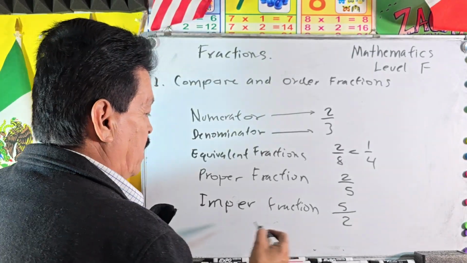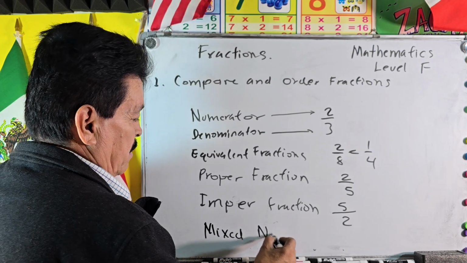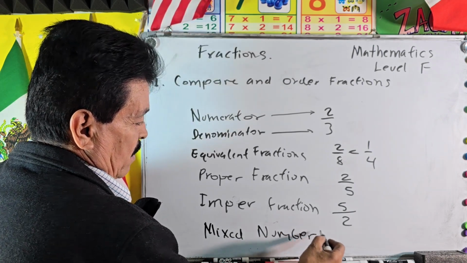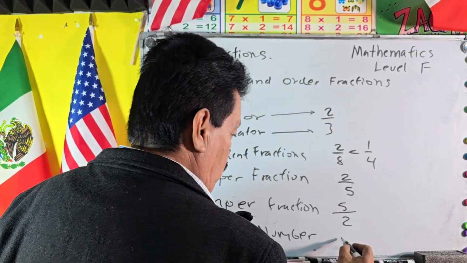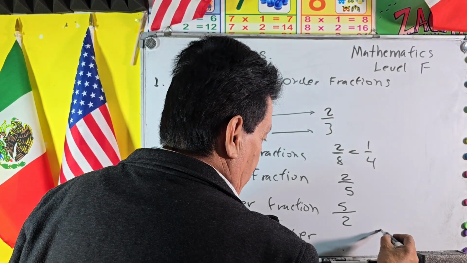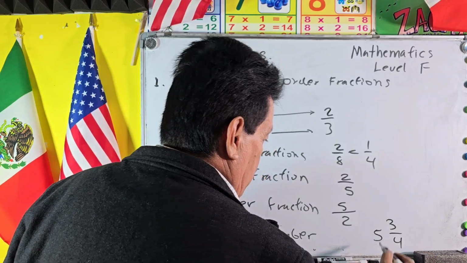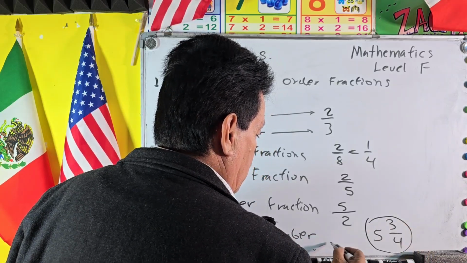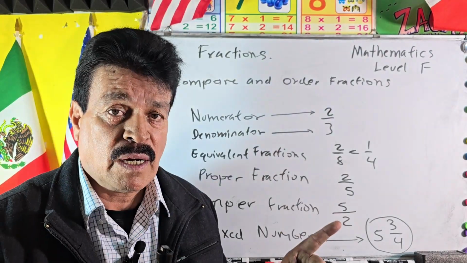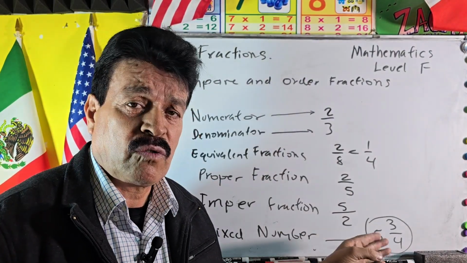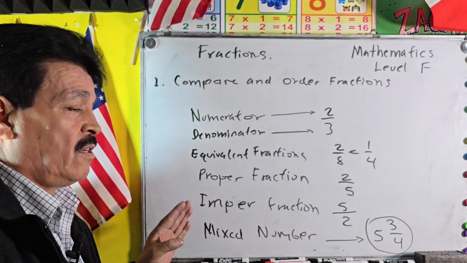Another concept, mixed number. What is a mixed number? A mixed number is when you have one whole number together with a fraction, like 5 and 1/4. This is a mixed number.